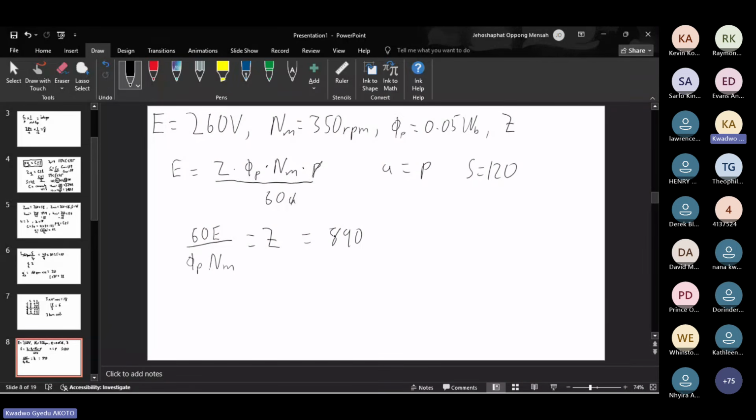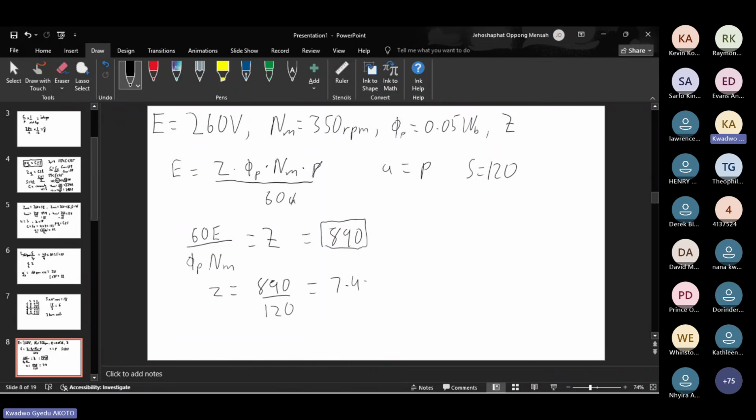If this is what we got for Z, then small z is going to be 890 divided by our slots, so we now get 7.4 conductors per slot, right?